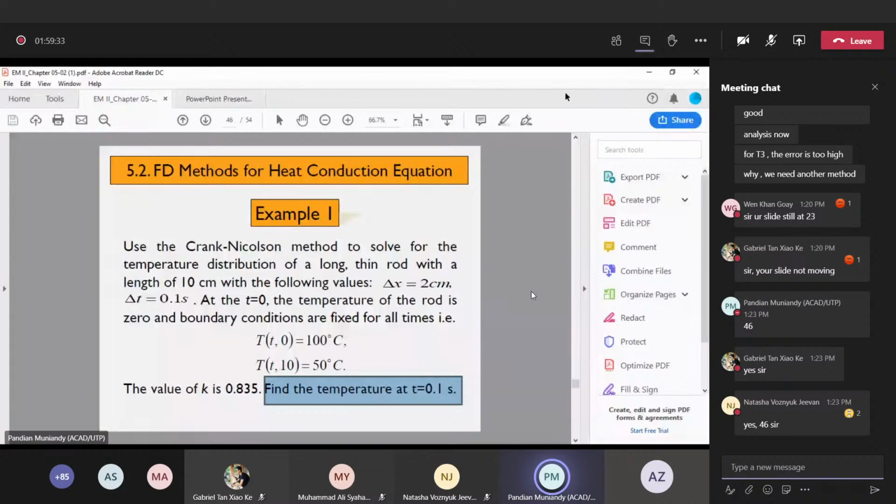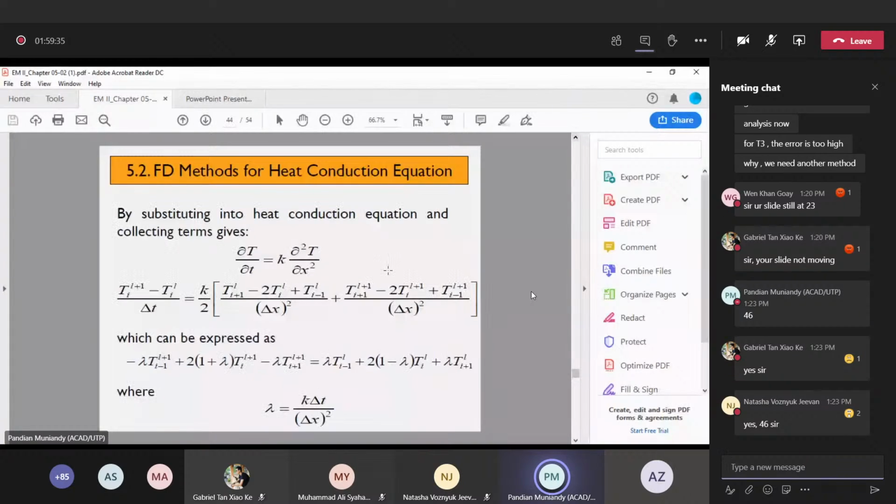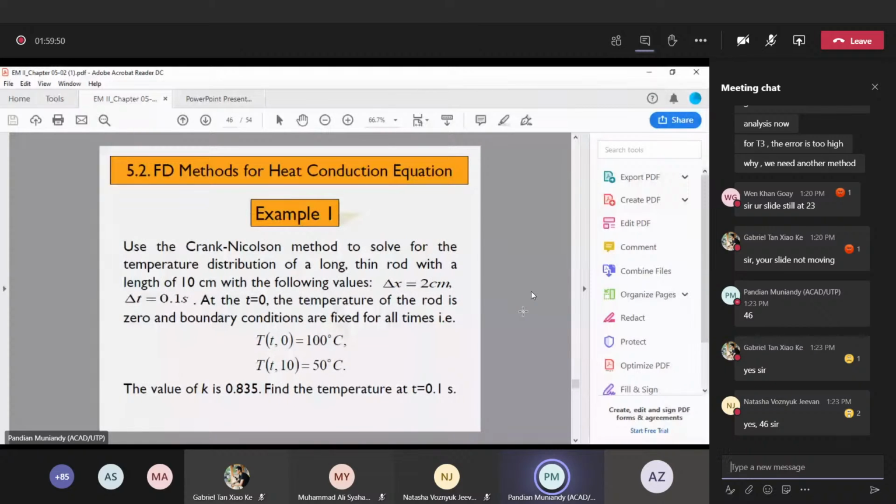The Crank-Nicolson method, the equation is different. This equation is different from previous implicit and explicit method. That's why we call it Crank-Nicolson method. So for this problem, you must use Crank-Nicolson method. So if you are asked to solve using 2 or 3 methods, then you have 3 options.